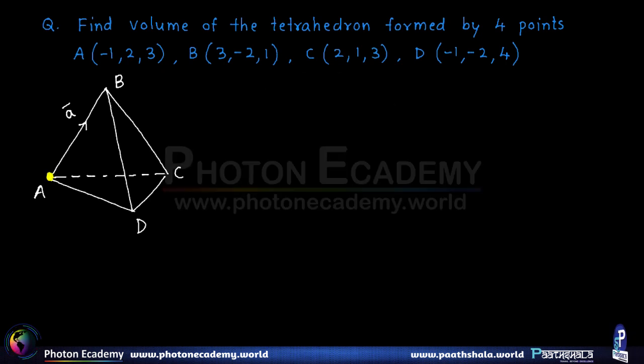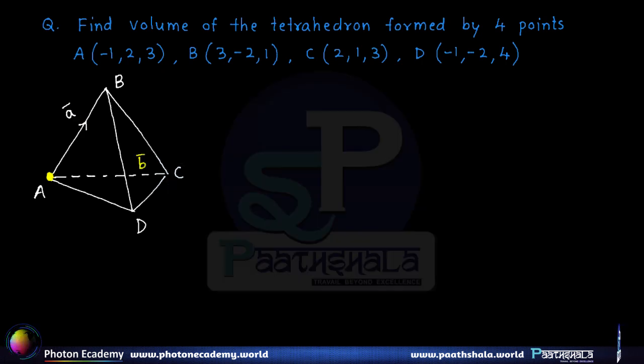So let us call that point A. And for the sake of convenience, let us consider A bar as the vector which represents side AB. Okay, so that has to be clearly understood. Now let us consider B bar as the vector that represents the side AC, and let C bar be the vector that represents side AD. So basically we have to calculate those vectors.